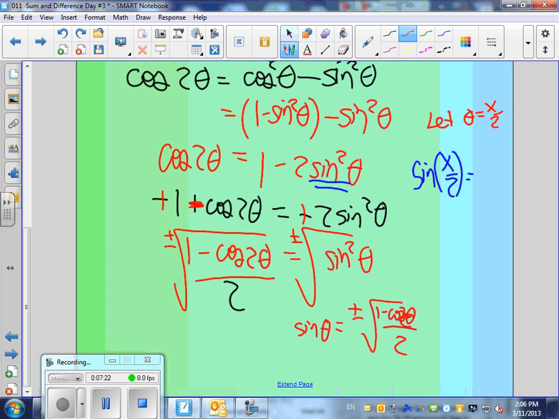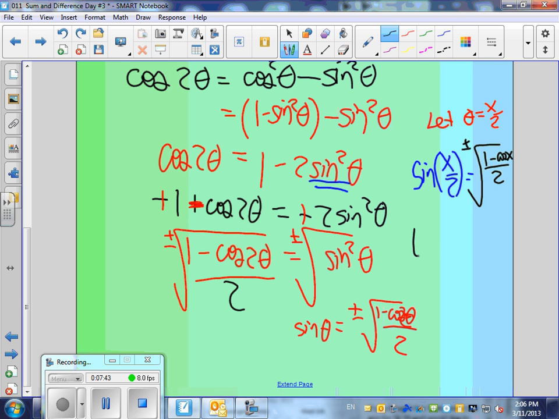So we'll just substitute that in, and I'm going to get sine of x over 2 will be the square root of 1 minus cosine x, all over 2. Anybody get that? Nice. It kind of works out, doesn't it?